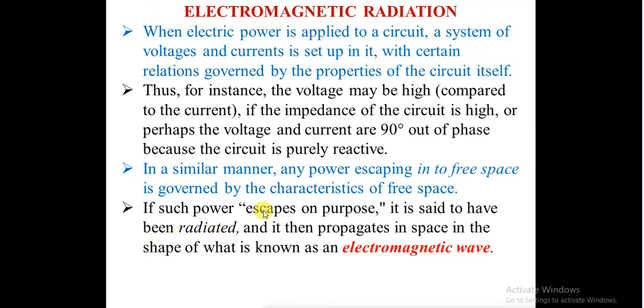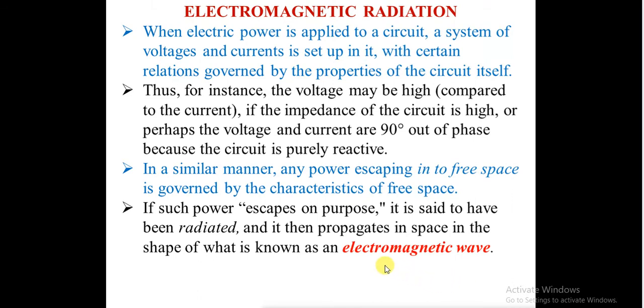Means if any signal escapes from its conductor, it is said to be radiated, and then it propagates in space in the shape of what is known as electromagnetic waves. So what is the meaning of electromagnetic waves? Simply, electromagnetic waves are the power which is radiated. Radiated means it is escaping into free space for a purpose and propagating in the space, then it is said to be an electromagnetic wave.